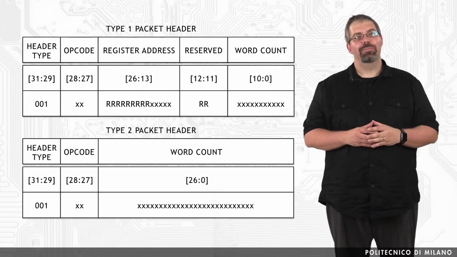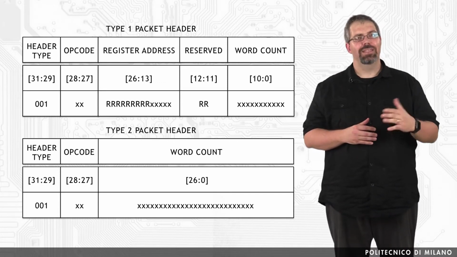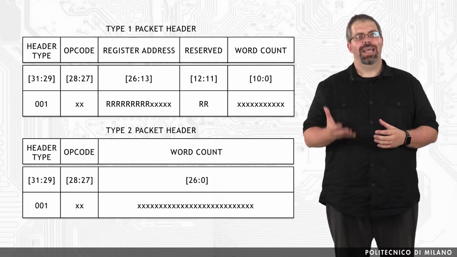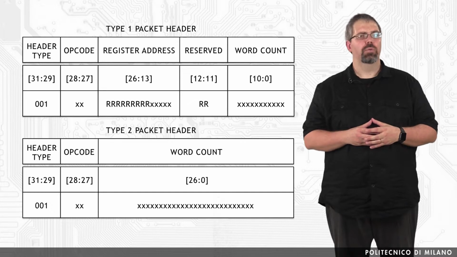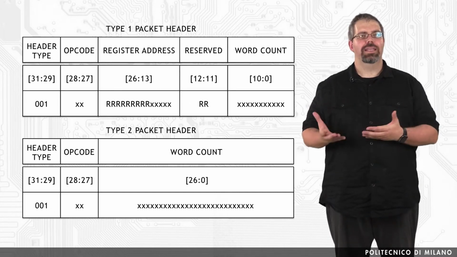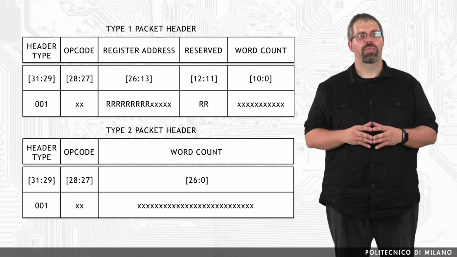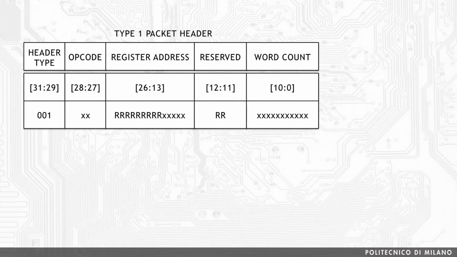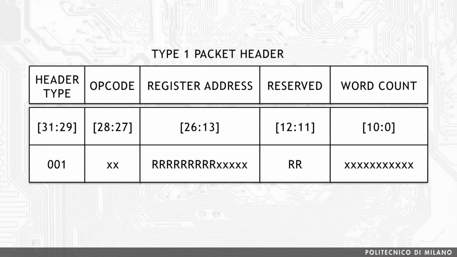Nowadays, the Type 1 packet is used for register reads and writes, set by the value in the opcode field, and its header section is always a 32-bit word. Following the Type 1 packet header is the Type 1 data section, which contains the number of 32-bit words specified by the word count portion of the header. Looking at the figure, we can see all the 5 fields used to specify the Type 1 packet header.